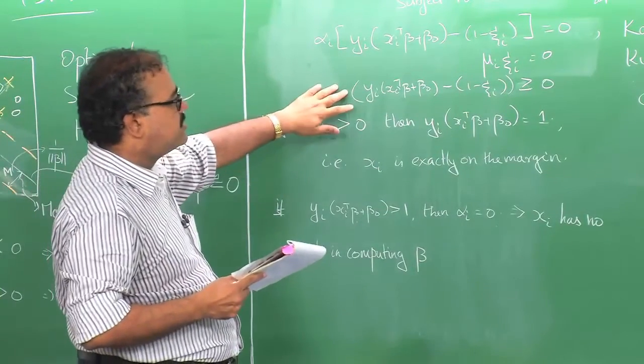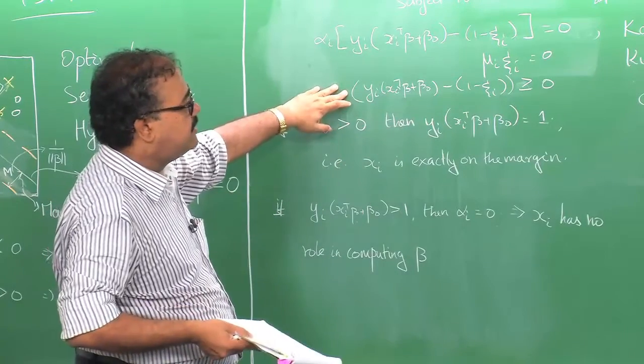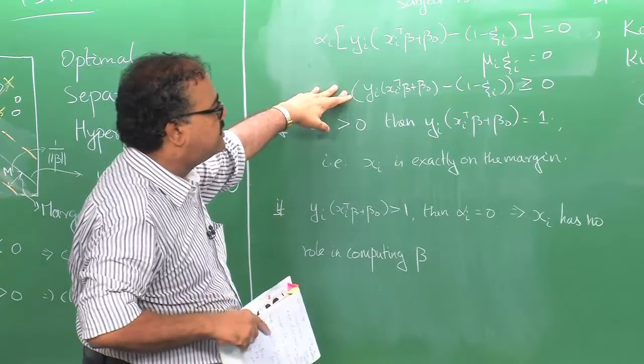The third constraint here is just the original constraint with the 1 minus zeta i taken to the other side.